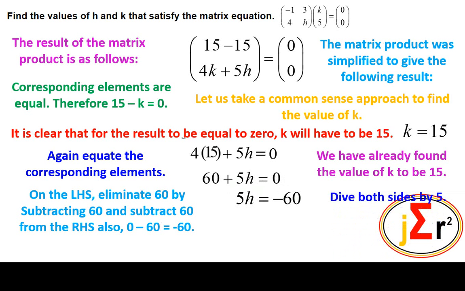And in finding the value of h, we need to divide by 5 on both sides. When we divide by 5 on the left-hand side, 5 will be eliminated, leaving only h. On the right-hand side, 5 into 5 is 1. And 5 into negative 60 is negative 12.